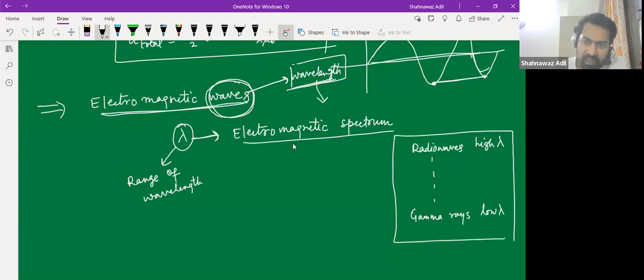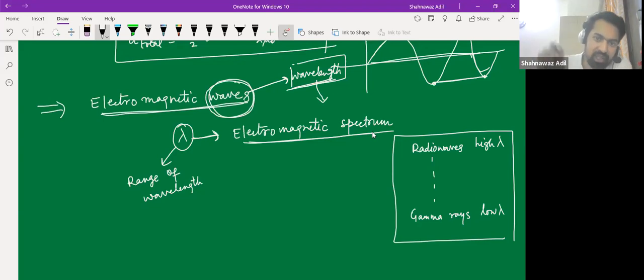So the electromagnetic spectrum is the set of all electromagnetic waves which have different wavelengths, different origins, different properties and different detections.